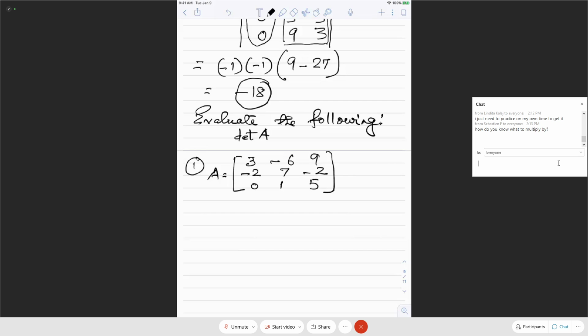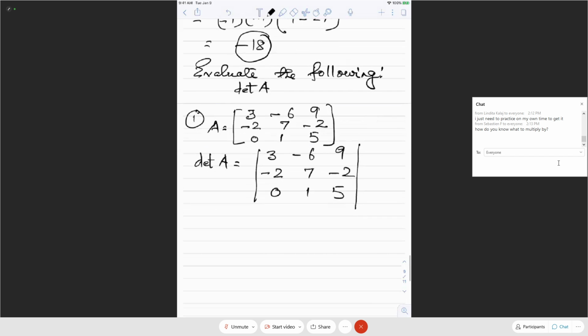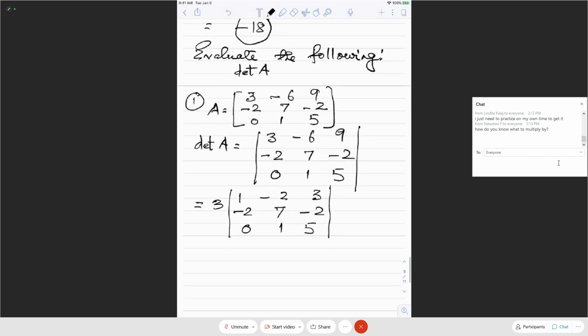So, determinant of A, 3 minus 6, 9. Take 3 common, 3 factor out. I want to make this guy 0.